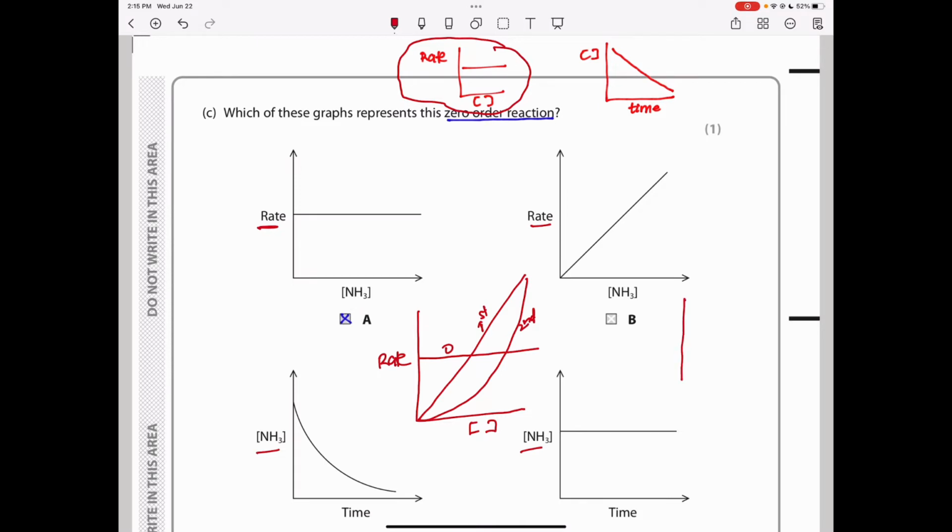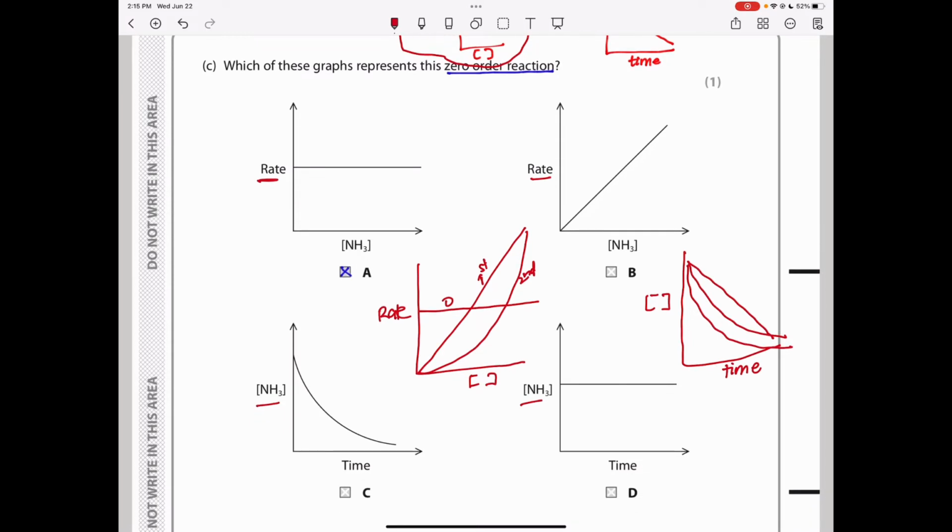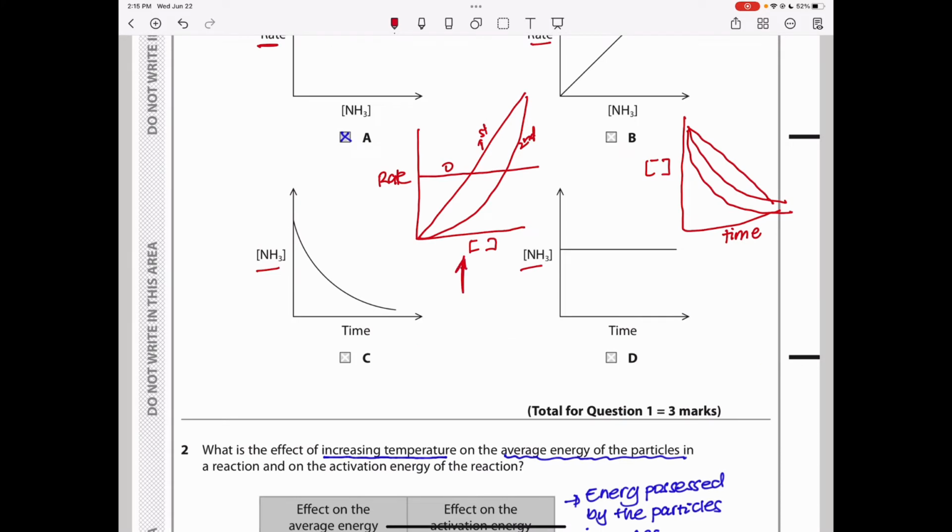There is also a concentration time graph. Let me draw it. If you have concentration against time, and you have a line coming down like that, that is zero order. First order and second order are going to be coming down like this, although first order has a constant half-life, which can be easily predicted. Now, how do we identify a second order reaction?